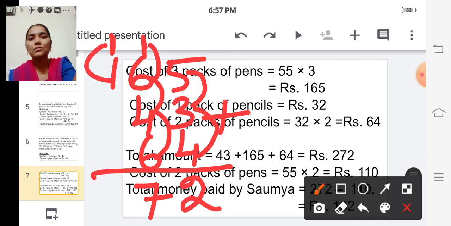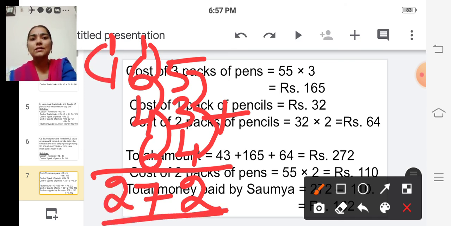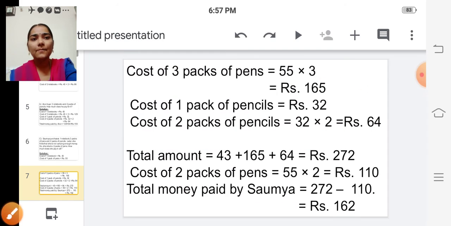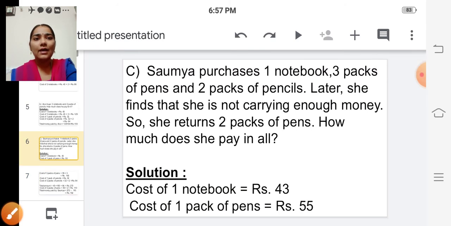And add 1 plus 1 is 2. So the total amount is rupees 272. Okay. And what they have given, she is not having enough money, so she returns 2 packs of pens.